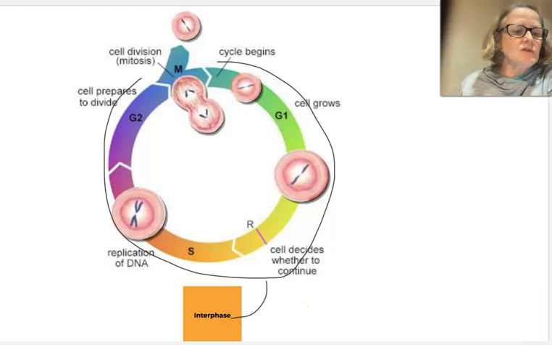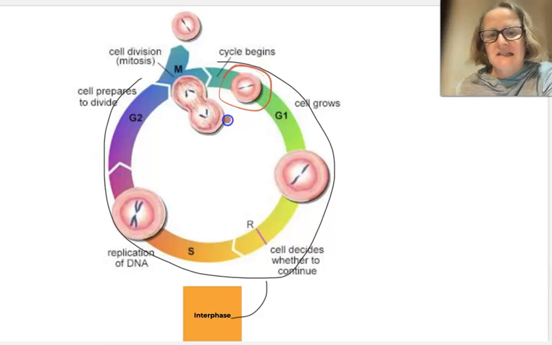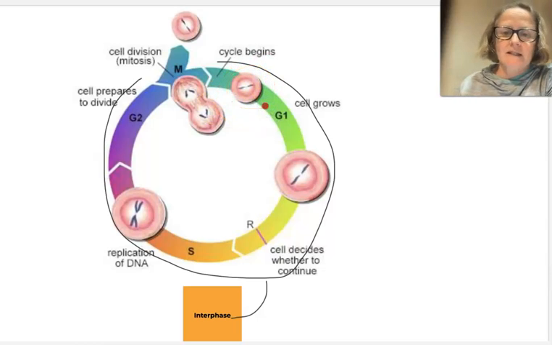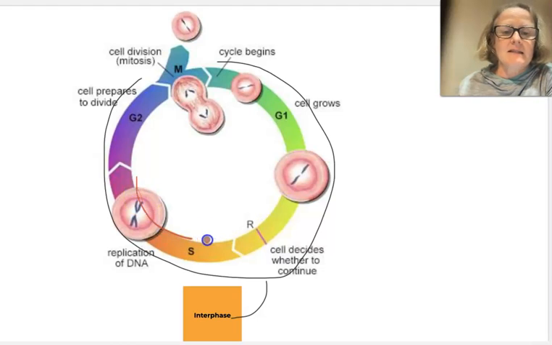So when the cell starts at interphase, it is usually pretty small because it's just been divided in two. So its first job in G1 is to grow. And you'll notice the cell has got bigger. Now, if it gets big enough, there's a little bit of a checkpoint here, it will then multiply its DNA. So it will replicate its DNA.